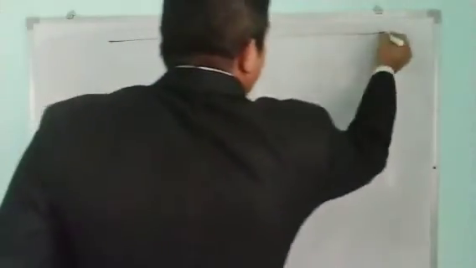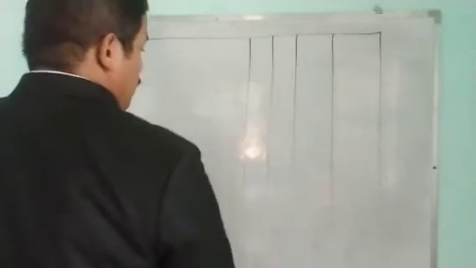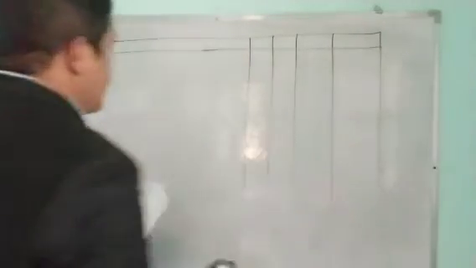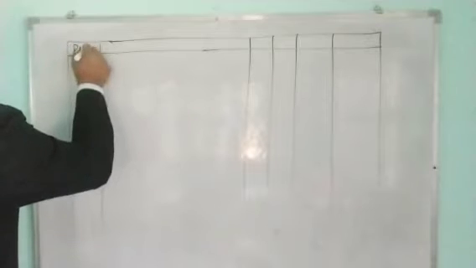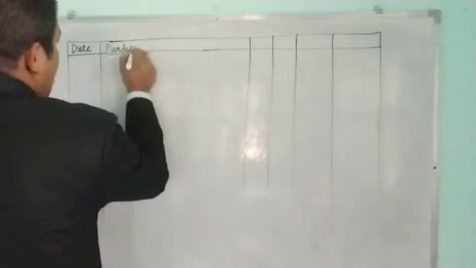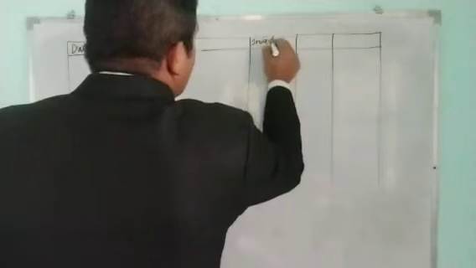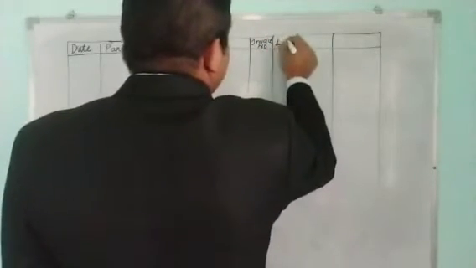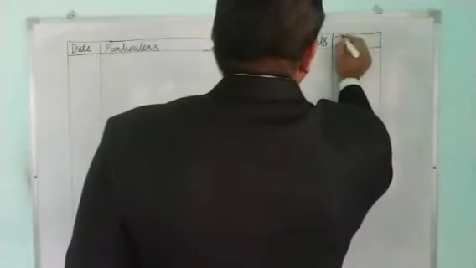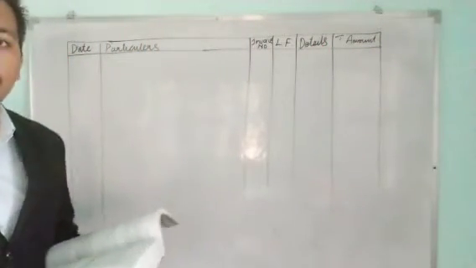This is how the purchase book is made: the first column is for date, then particulars, invoice number, then ledger folio (LF), then details, and total amount. So you can see this is the format of a purchase book.